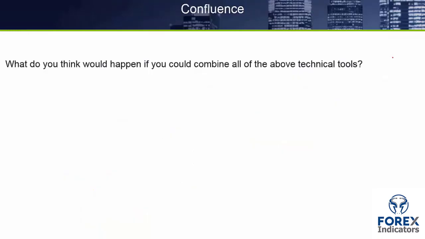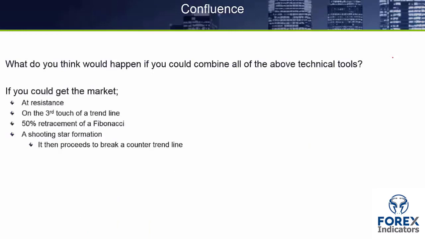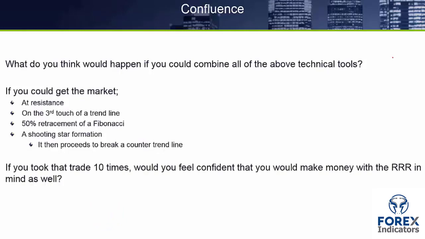So what do you think would happen if you could combine all the above technical tools? If you could get the market at resistance on the third touch of a trend line, 50% retracement on a Fibonacci, a shooting star formation, it then proceeds to break a counter trend line. If you took that trade 10 times, would you feel confident that you would make money with the risk reward in mind as well?